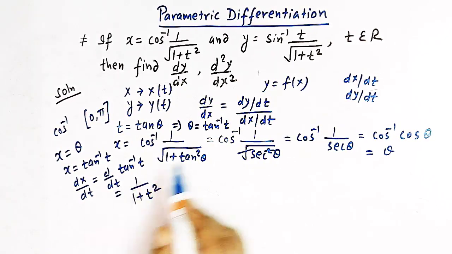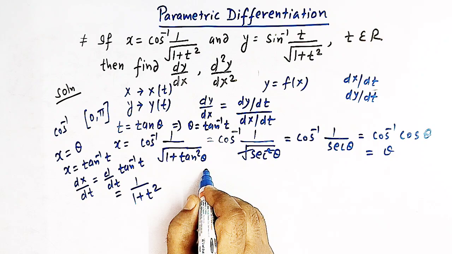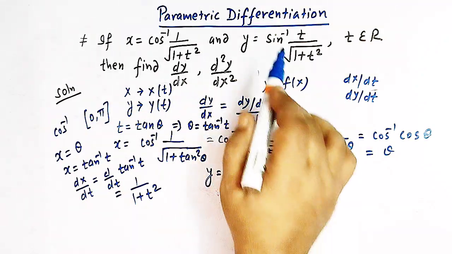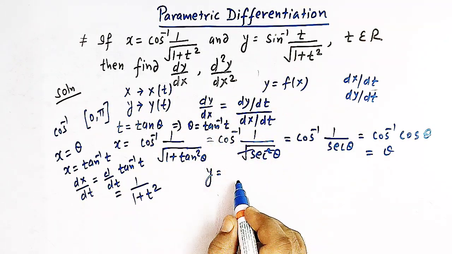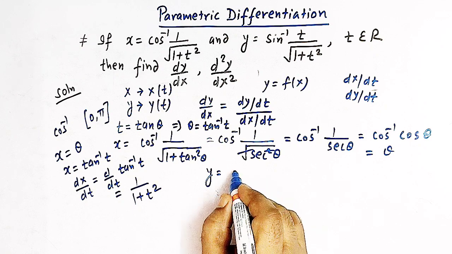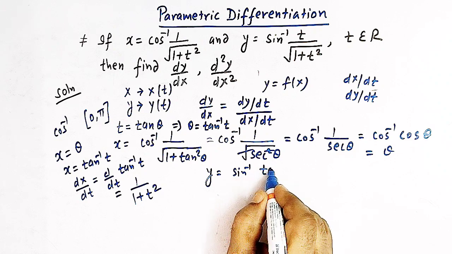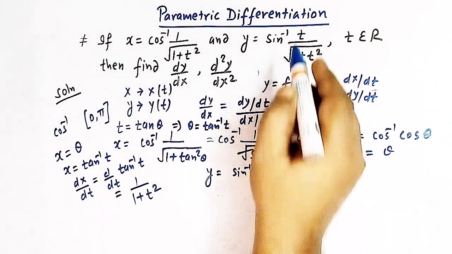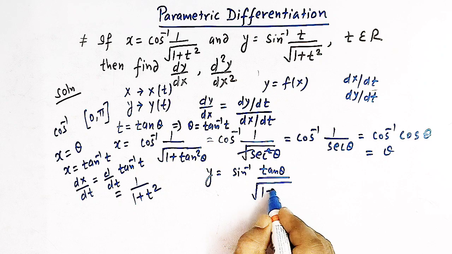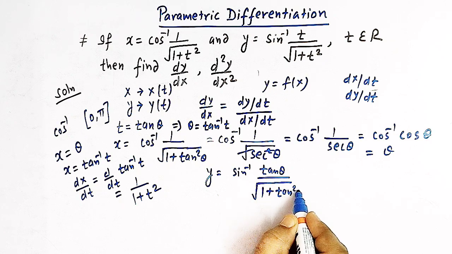Now similarly, we can simplify y. y is sine inverse of t over square root of 1 plus t square. Putting t as tan theta, we have 1 plus tan square theta under the root.